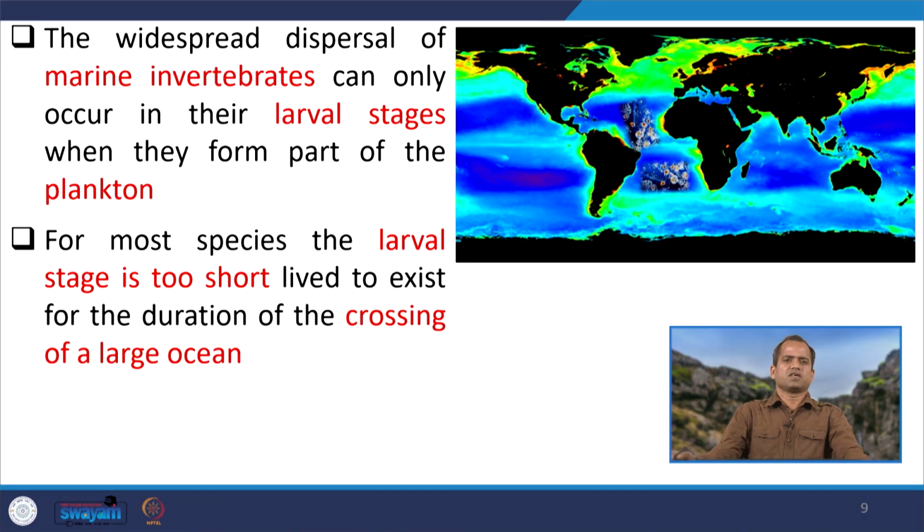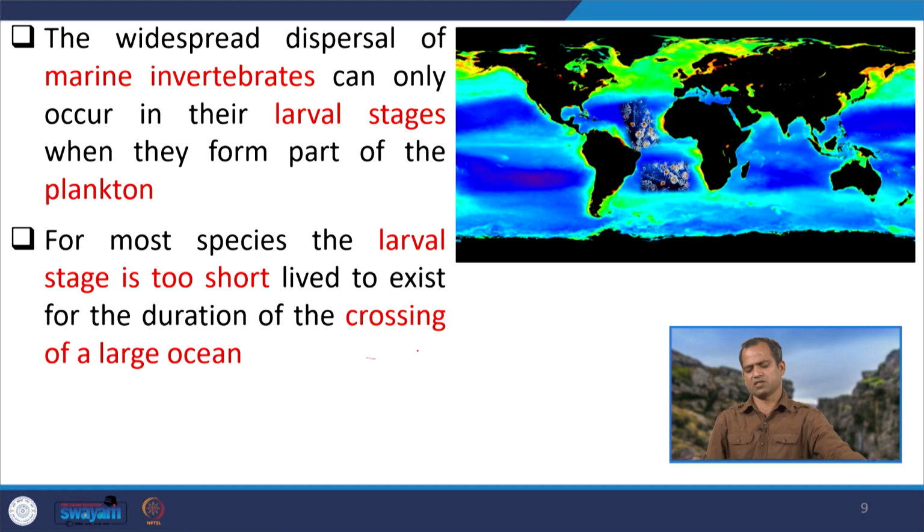So, the widespread dispersal of marine invertebrates can only occur in the larval stage, when they are part of the plankton. And for most of these species, the larval stage is too short-lived to cross this huge ocean.